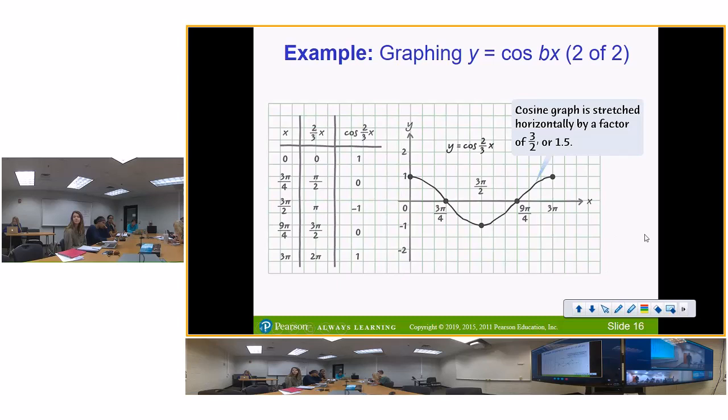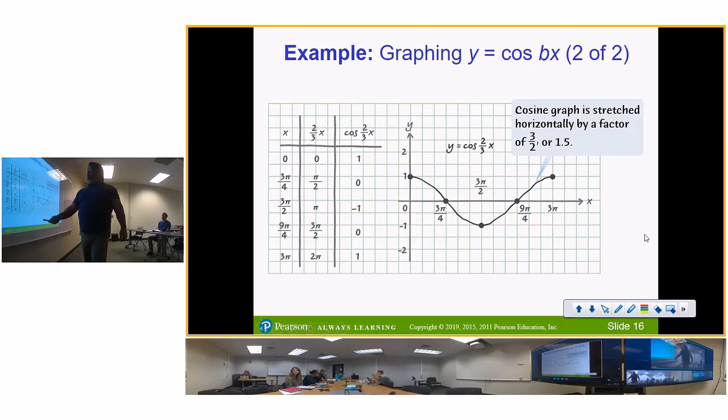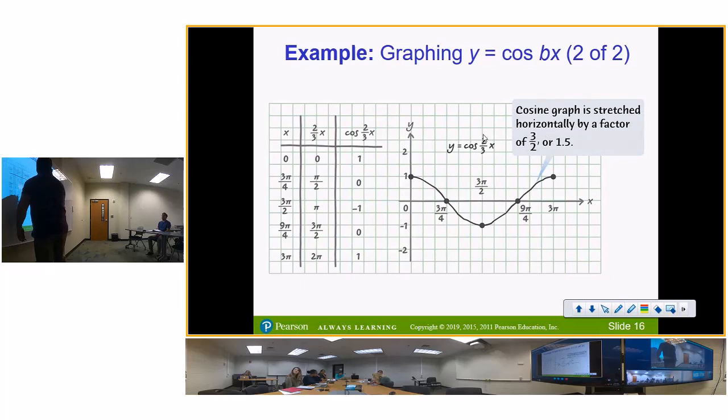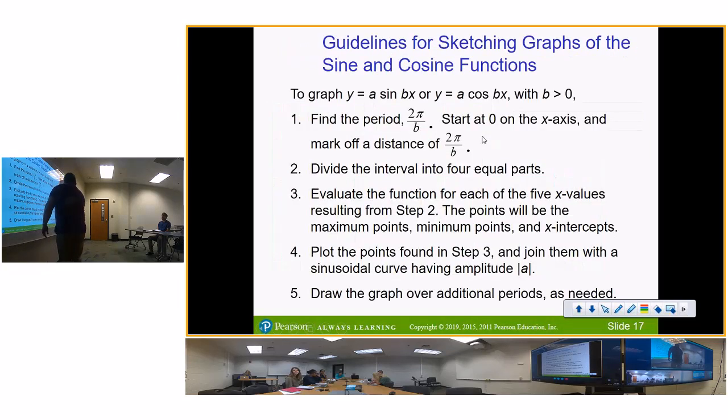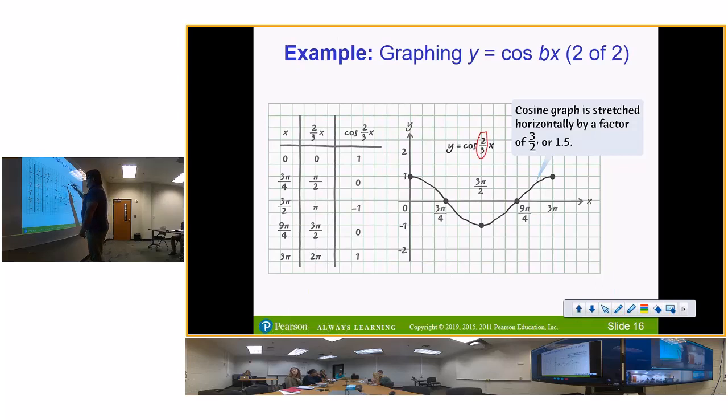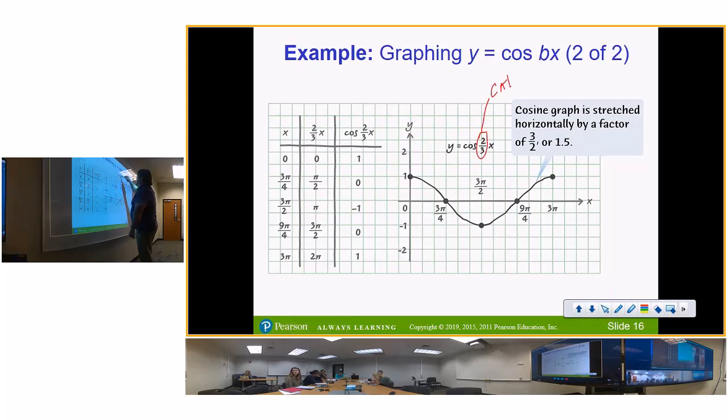And you see what they're doing right here. You could do the table if you wanted to, or you could just do it on your calculator. If you did it on the calculator, when you take that 2/3, the 2/3 is going to be calculated in the calculator, and it's going to go from 0 to 3 pi.